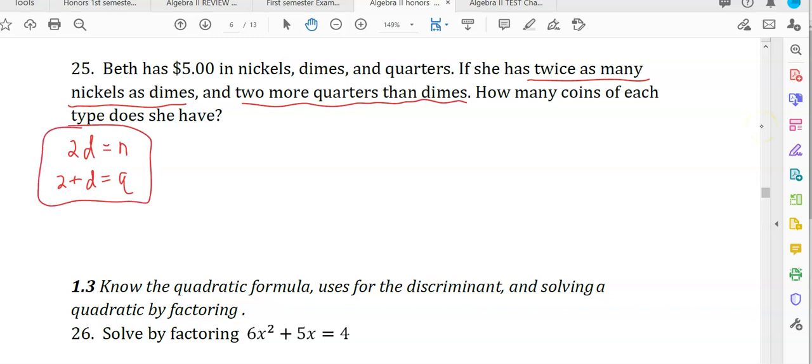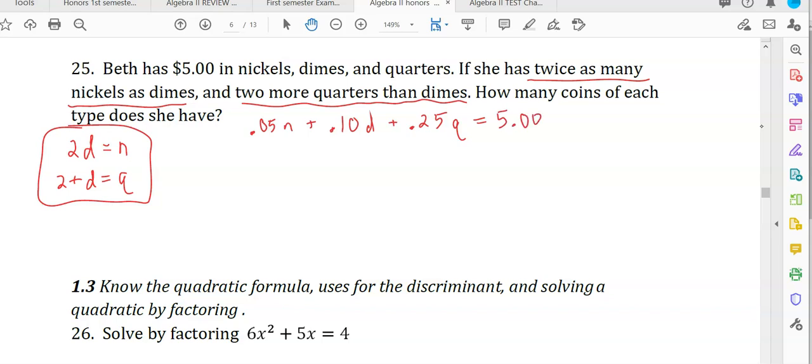So let's just write the equation with nickels, dimes, and quarters in there. A nickel is worth 5 cents, so 0.05 N, plus a dime is worth 10 cents, so 0.10 times D, plus a quarter is worth 25 cents, so 0.25 times Q equals $5.